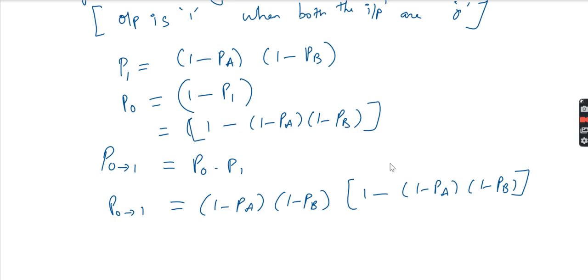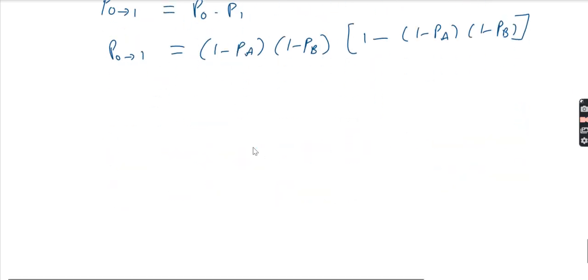So for the output switching activity for the different gates, let me show how it will be for a complex logic gate, that is for a normal static gate.